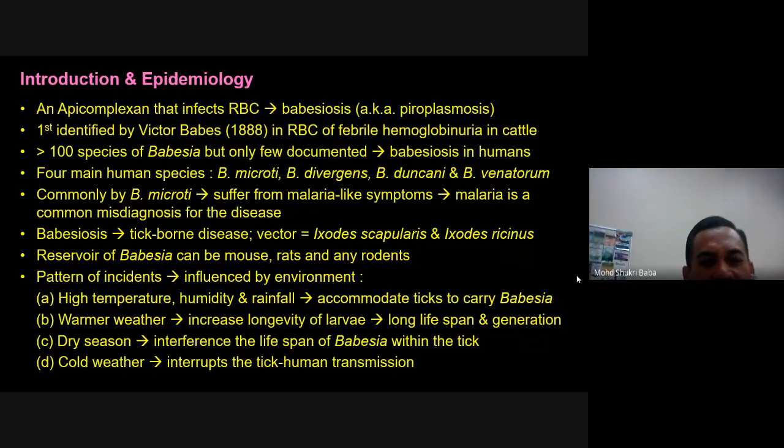Sekiranya dry season, okay, they will interfere the lifespan of babesiosis within the ticks, dan sekiranya pada keadaan cool weather, dia akan interrupt the tick-human transmission. So semua pattern of incident ni boleh dipengaruhi oleh environment. Sama ada dia high temperature, humidity or rainfall, atau dia warmer weather, dry ataupun cool season.